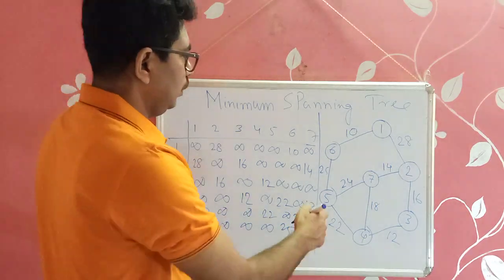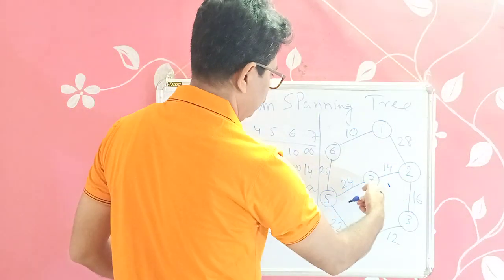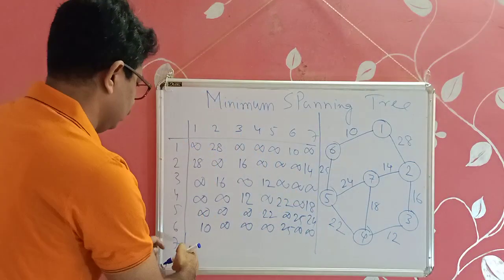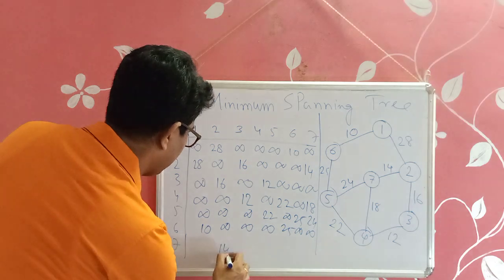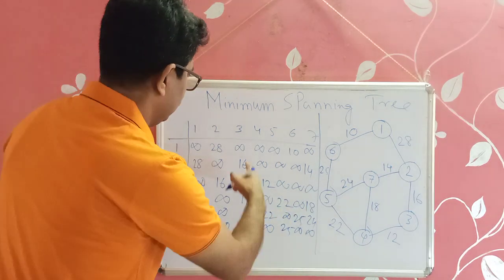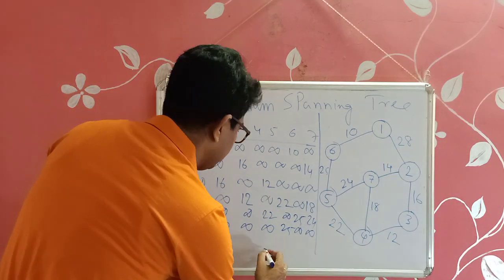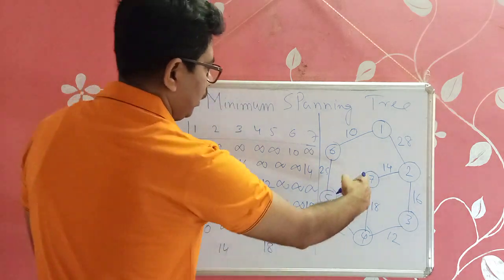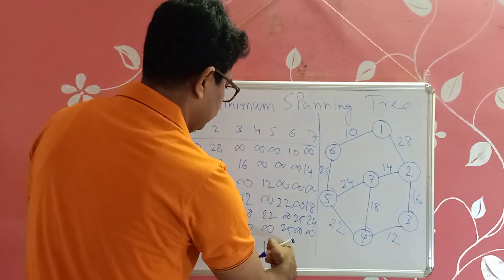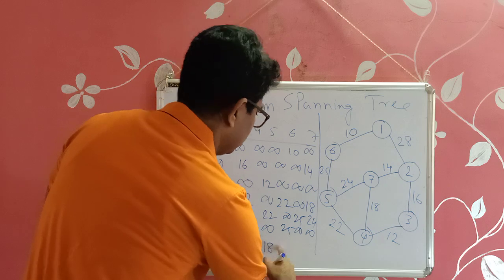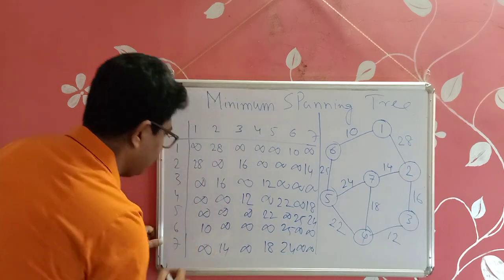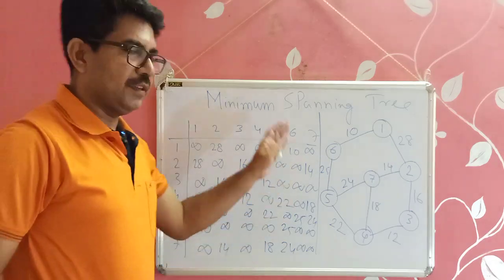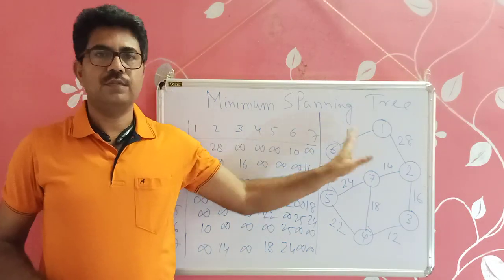Then from 7 we are having 3 edges, 7 to 2, 7 to 4, 7 to 5. 7 to 2 is 14, 7 to 4 is 18, and 7 to 5 is 24. The rest are infinite. Okay. So this is the adjacency matrix of the given graph G.